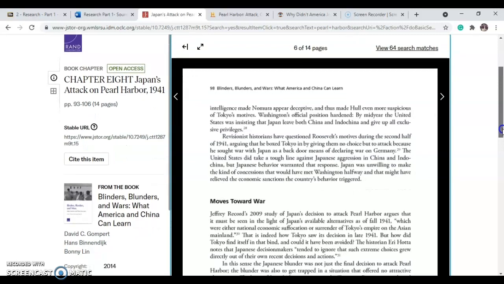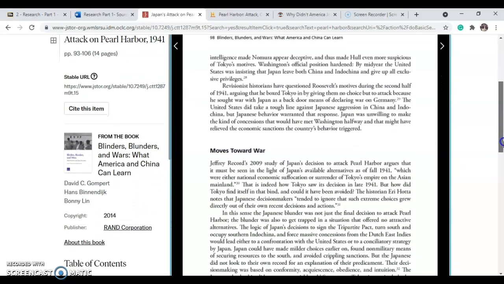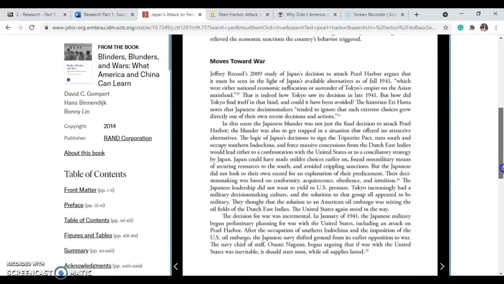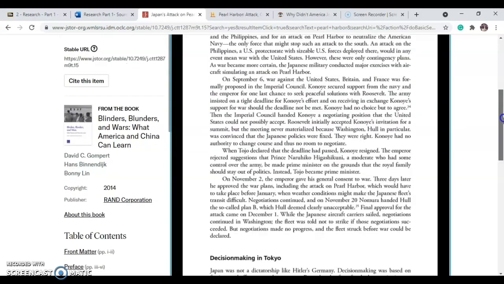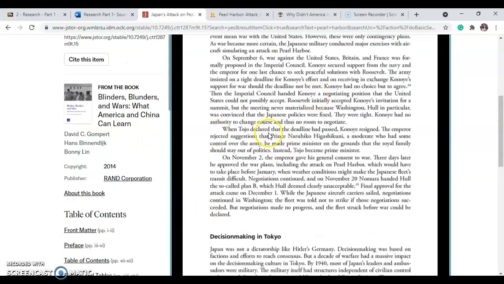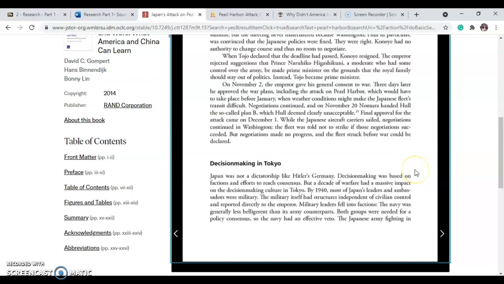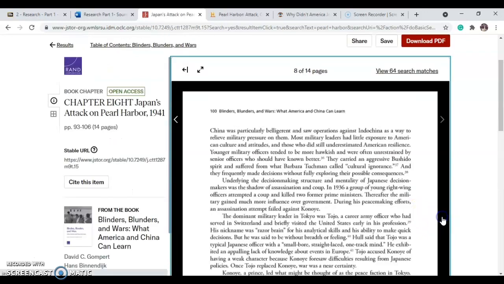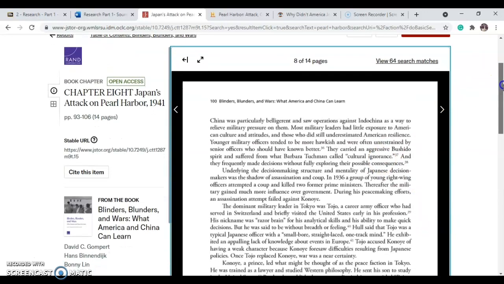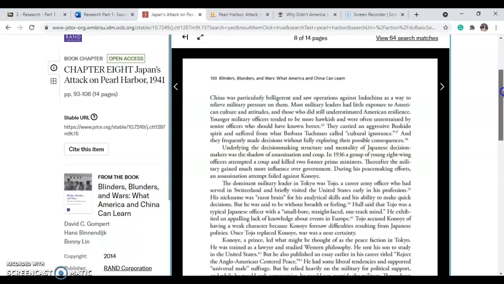We were already in a horrible relationship at this point, and war was pretty much inevitable. Here we see when the emperor gives the general consent to war, and that's when they started planning the attack. And of course, Tokyo was not a dictatorship, so that's why it took a while to plan the attack on Pearl Harbor.